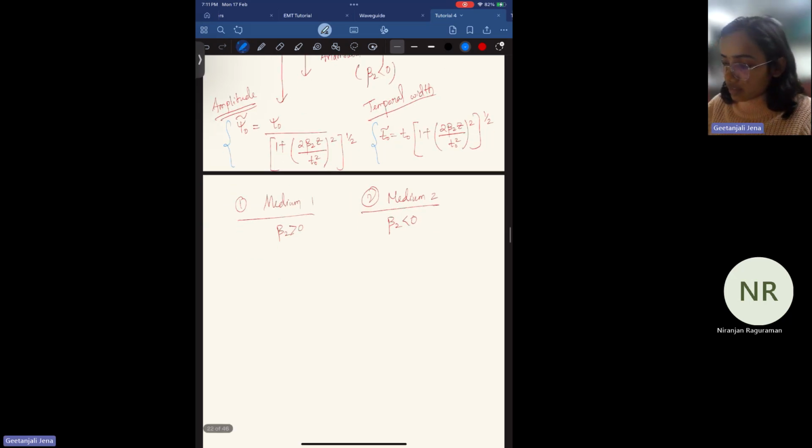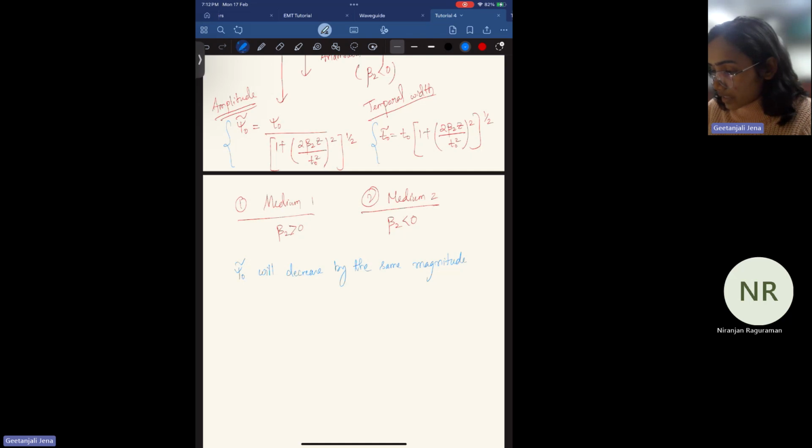So what I mean is, the psi 0 will decrease by the same magnitude. And this decrement may be due to the attenuation, different types of absorption that happen inside the medium when it propagates.